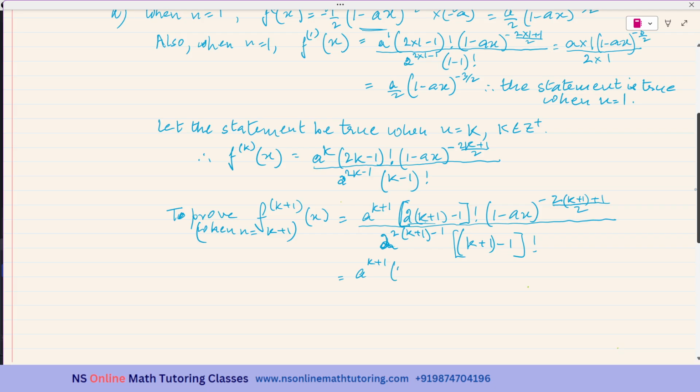So this will be 2k plus 1 factorial and 1 minus ax raised to the power of negative. This again expanded will be 2k plus 2 and there is this plus 1. So it will be 2k plus 3 over 2.